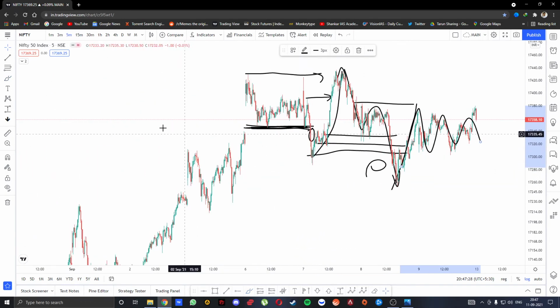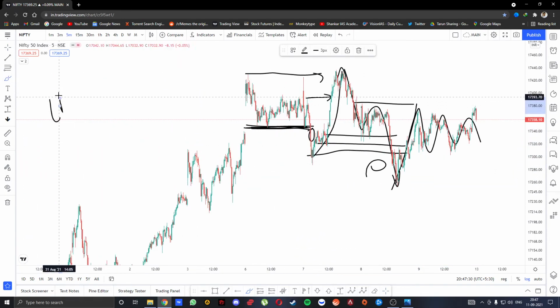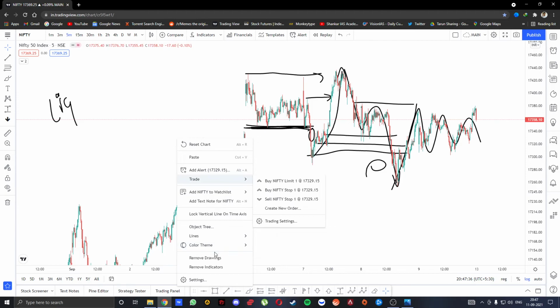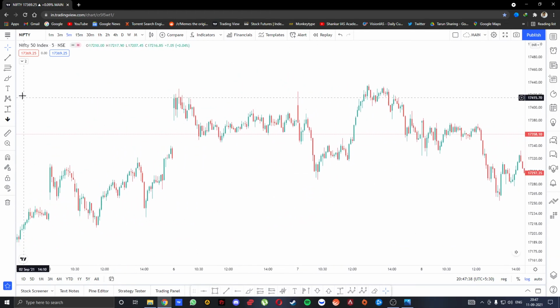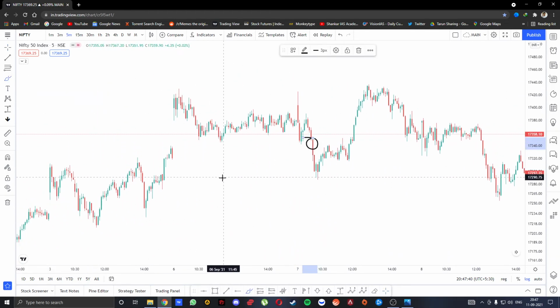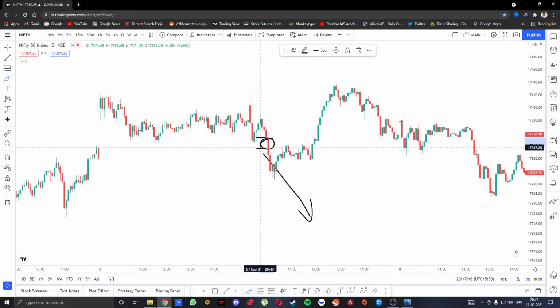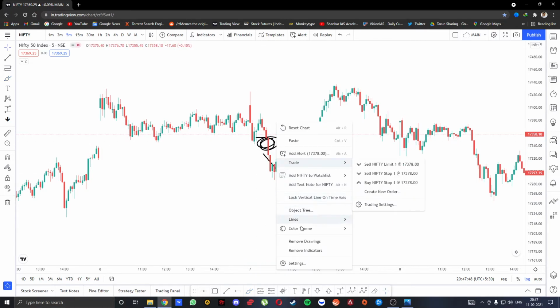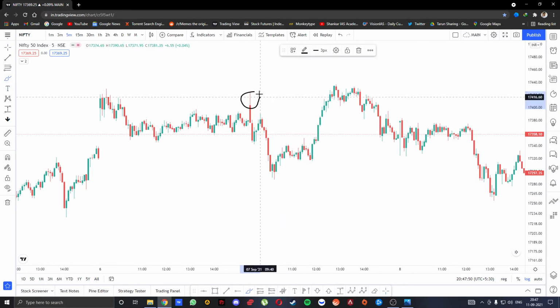So you have to understand the concept of liquidity, where the most number of orders are present. You have to understand that. Now the thing is, there is nothing wrong shorting here. The Nifty could have rallied down. But the point is, if you are selling here, you are already too late. Where you have to sell is right here.